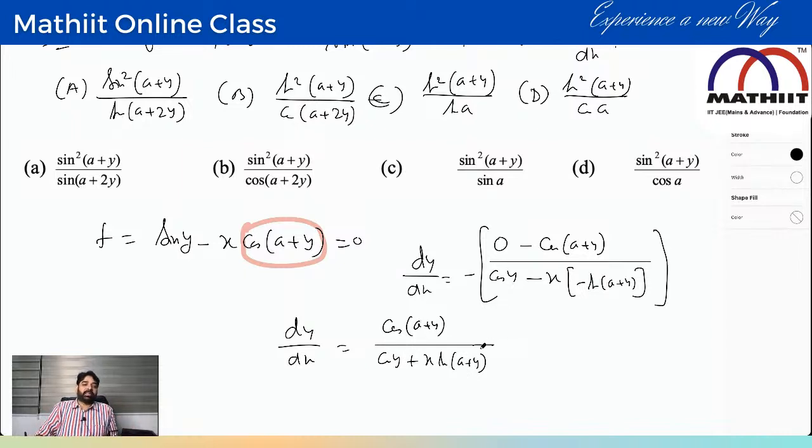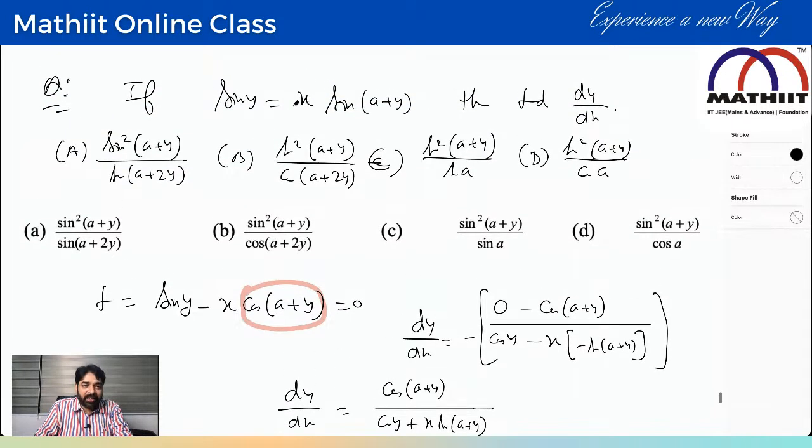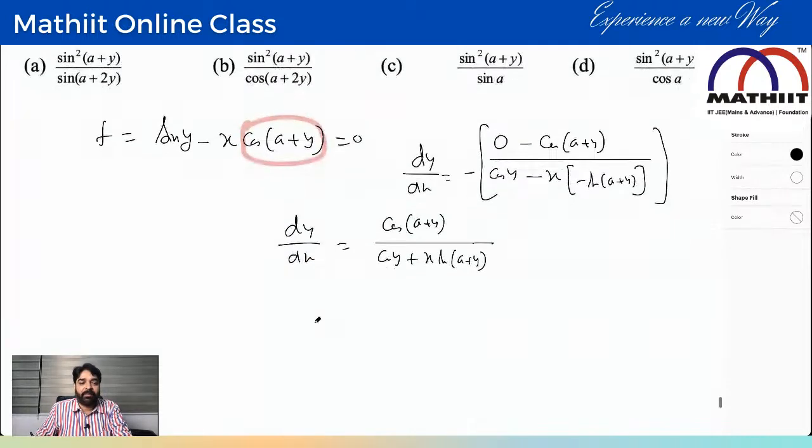But if you notice, there is no x in the options. So we have to delete x. No other choice. How to delete x? From here we can substitute the x value, x equal to sin y by sin(A plus y). So dy by dx will be equal to cos(A plus y) divided by... see, our answer is done here.